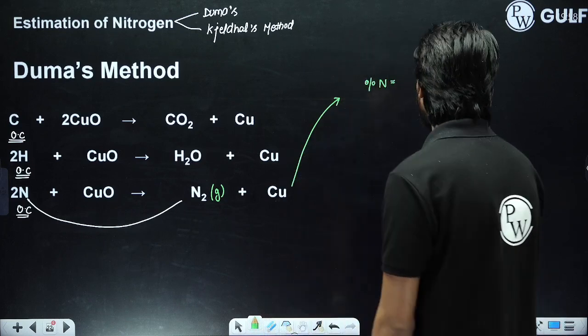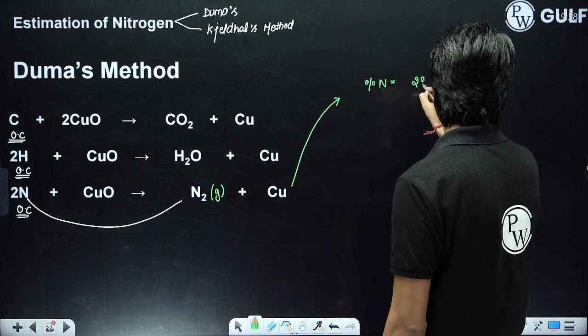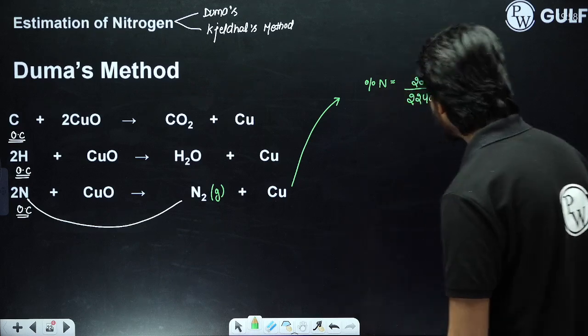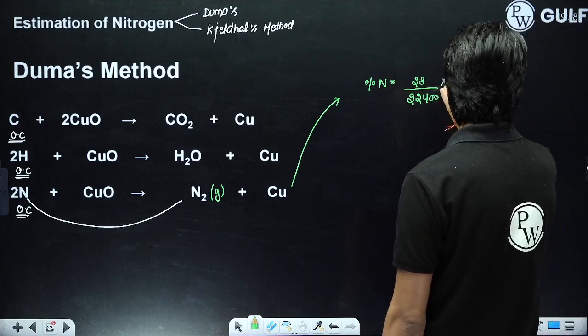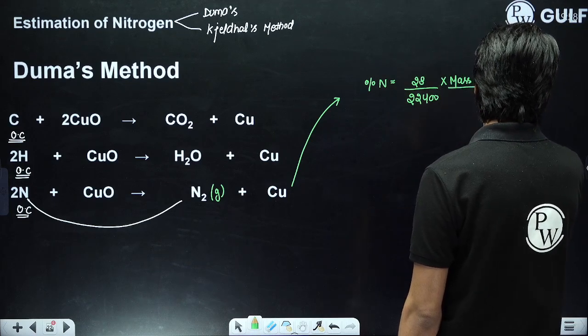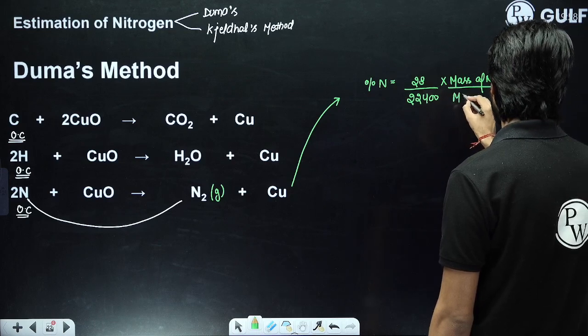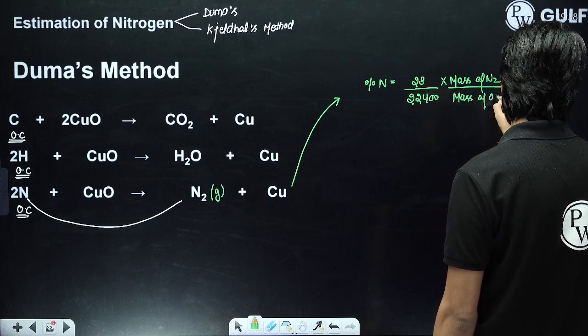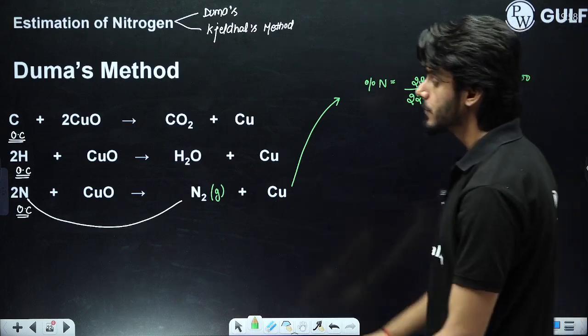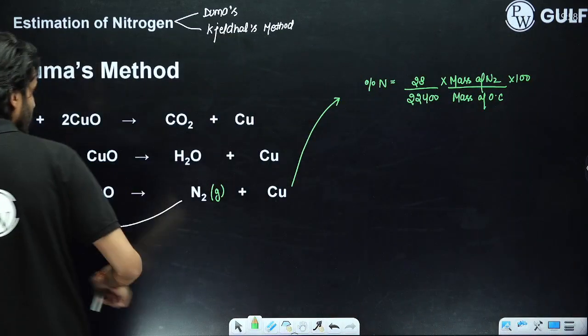So the molar mass of nitrogen is 28 divided by 22,400. Okay, done. And then the mass of nitrogen from the nitrogen gas, divided by the mass of organic compound, multiplied by 100. So there is a relationship of nitrogen atom with nitrogen gas.